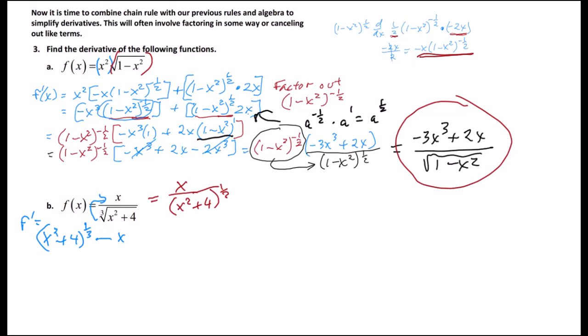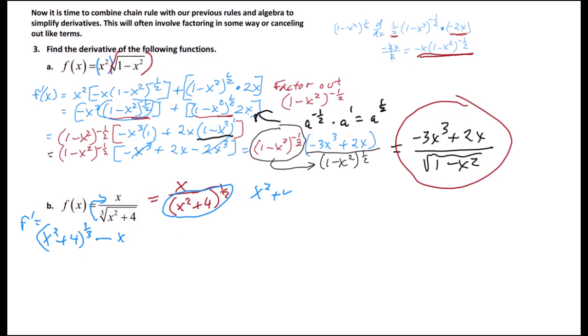That's where we hit a bit of a wall. Let's take a look at what we got going on here. So the derivative of this thing, let's pull it out and look at it here.